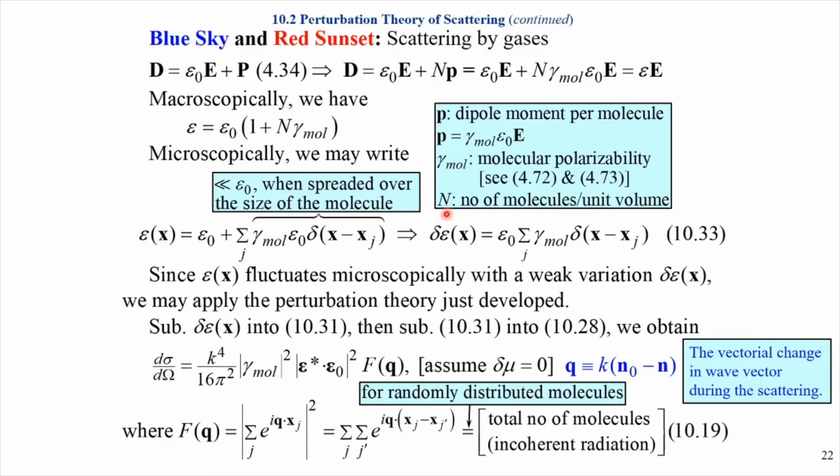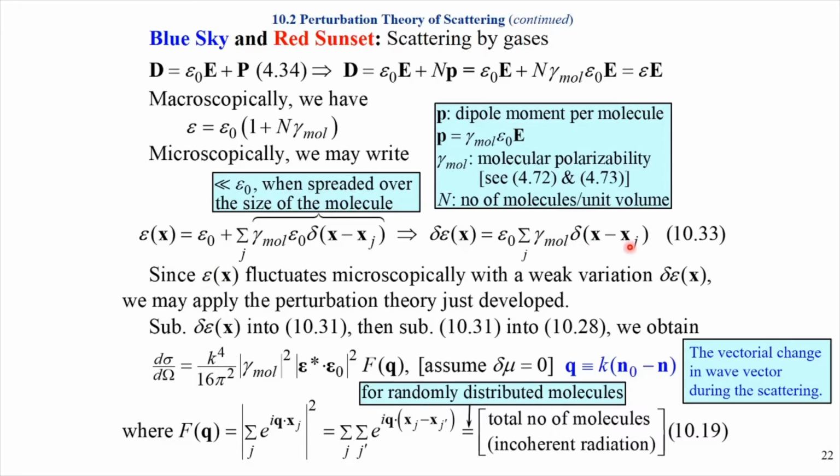Huge. So each one is extremely small. So obviously, delta epsilon(x) can be written in this form: epsilon 0 moved out, and summation over j of gamma mol delta(x minus xj). Since epsilon(x) fluctuates microscopically, it depends on the position, and when x is the same as the molecule's position, then we get the value.